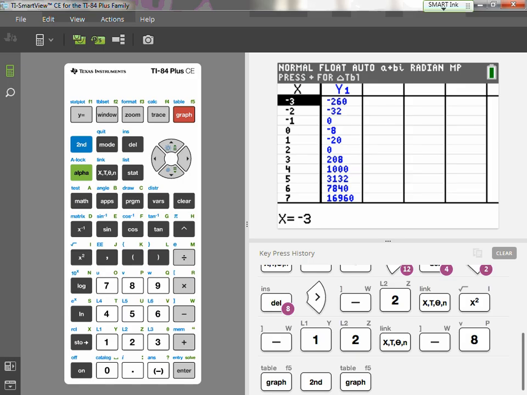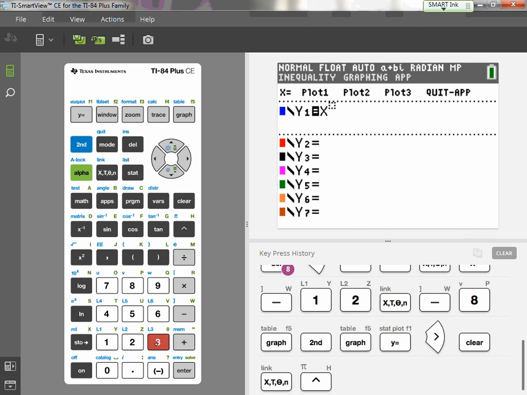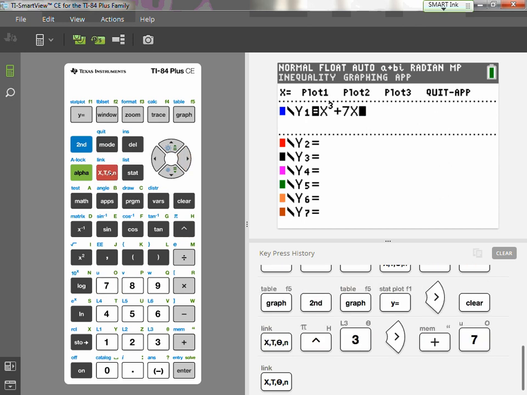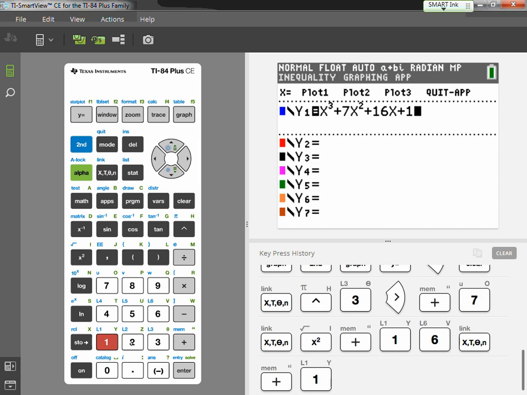We only need 3 solutions. So we can go y equals x to the 3 plus 7x squared plus 16x plus 12.